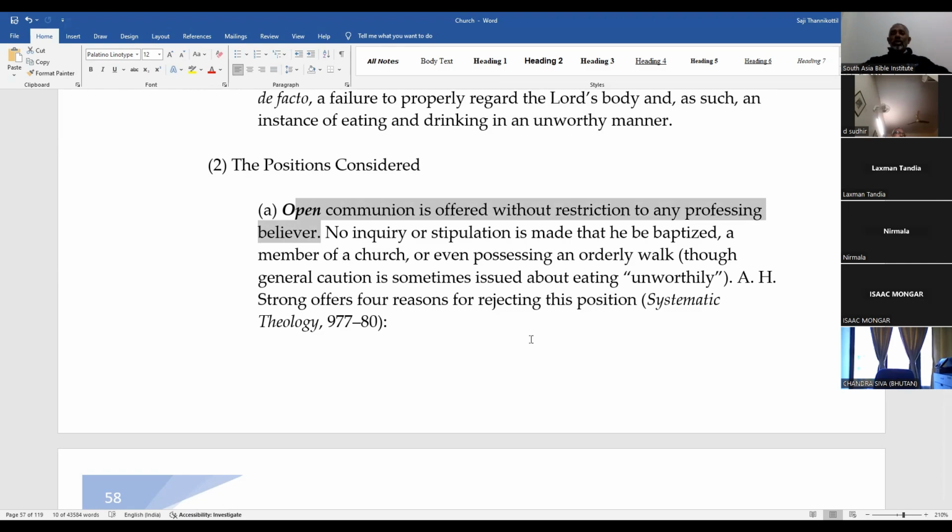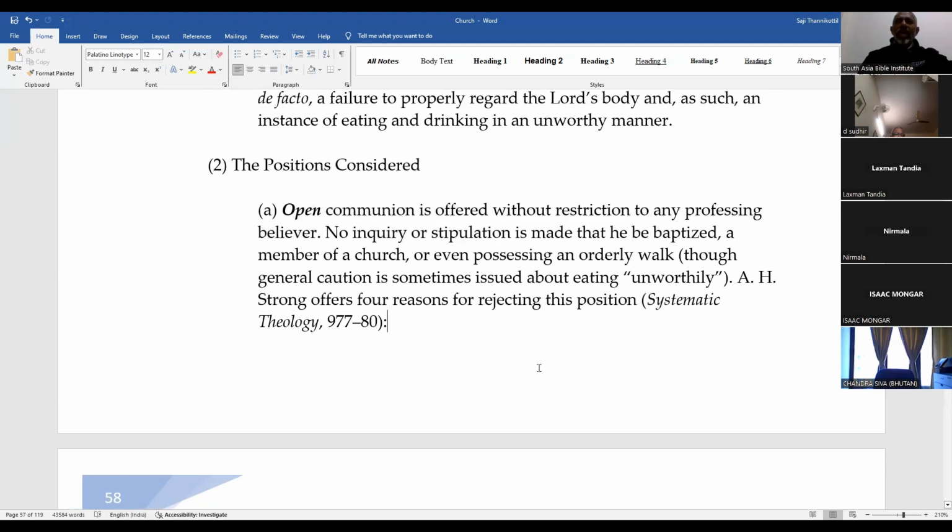So those who are Christians, those who believe in Jesus Christ, you may partake. That's what the pastor would say. No inquiry, no stipulation is made that he be baptized, a member of a church, or even possessing an orderly walk. Nothing is asked here.